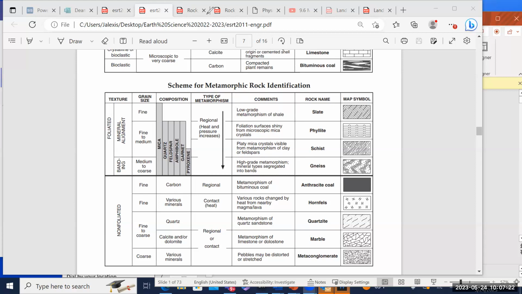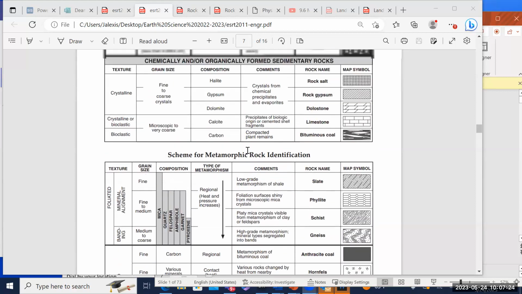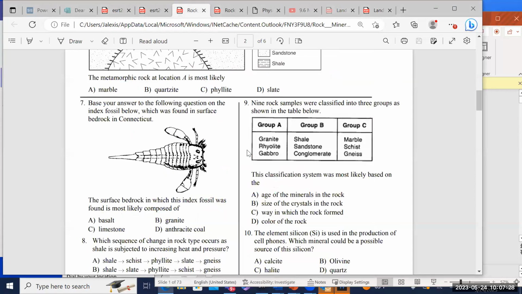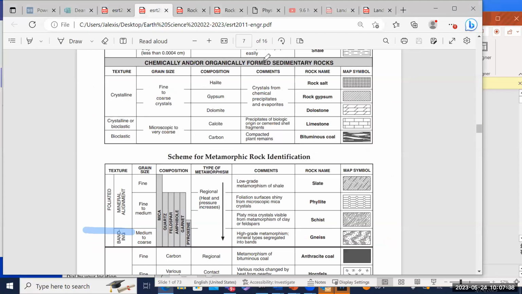And so the only bioclastic sedimentary rock in the options that were given, we can take a look at our test, there we go, is limestone. Limestone was the only one remaining. And take a look right here. It says it right here, limestone, right? It's a bioclastic rock, and it's very possible that it could contain shell fragments.